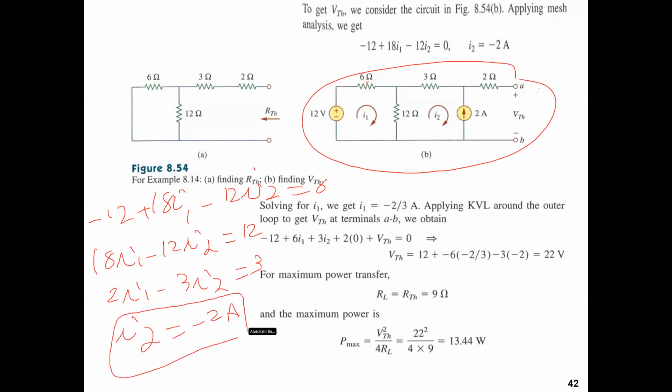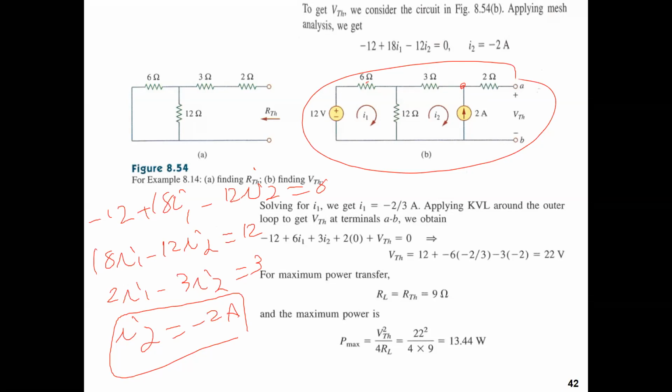I think we had a similar circuit previously. So we need to find I1 first.